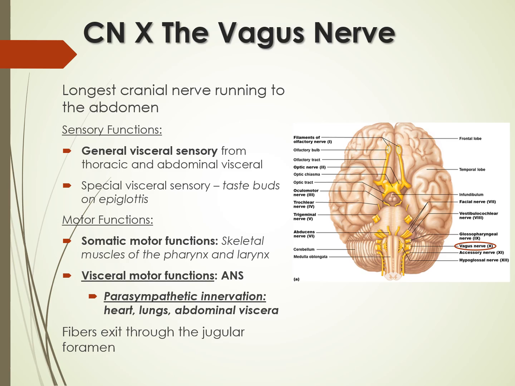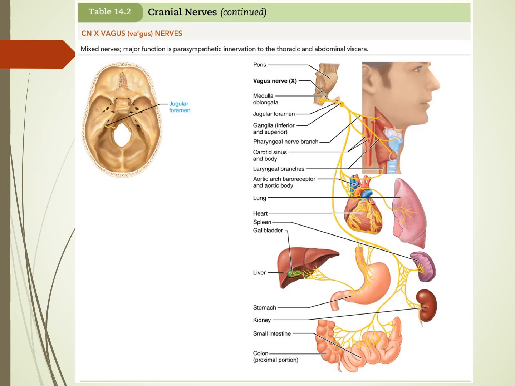The visceral motor function is all the autonomic nervous system. So it's pretty much responsible for the entire parasympathetic nervous system. So we said that autonomic nervous system can be broken down into sympathetic and parasympathetic, fight or flight, rest and digest.